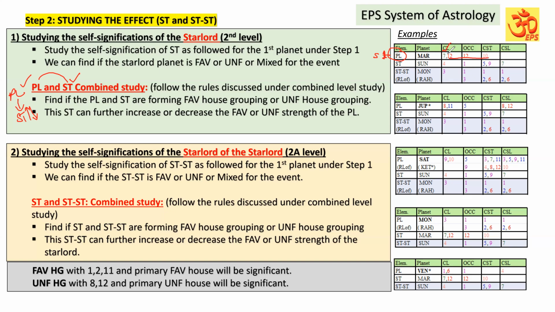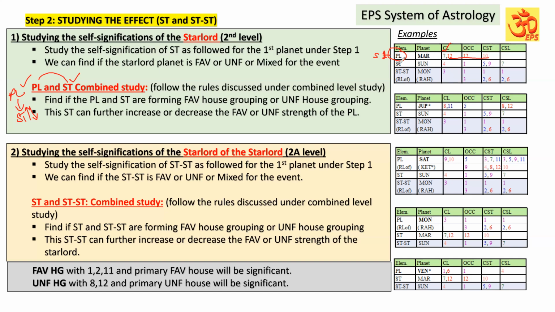But it is a primary house for the 7th house and also the 12th house. As I said, if it is a cuspal lord for the primary house or cuspal lord for the 12th house, we have to give more attention in self-signification and also in level-to-level study, because this house is going to experience the Starlord and other levels.